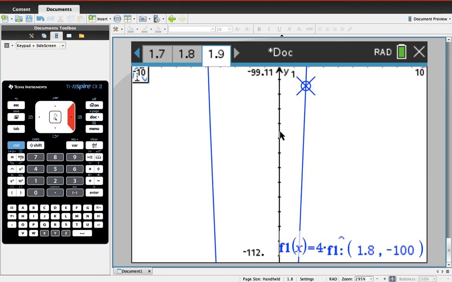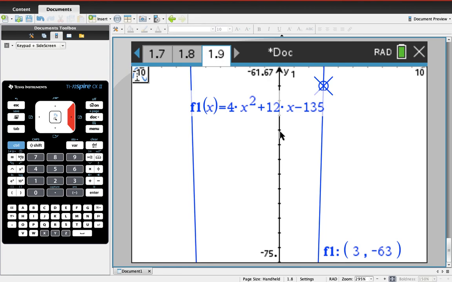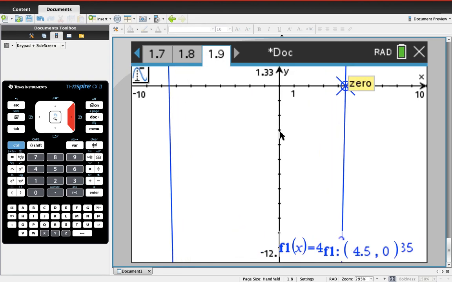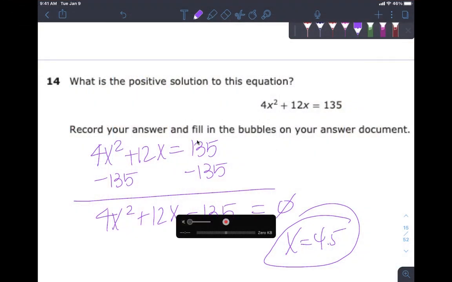We keep scrolling up until I get to that positive root. So let's see, we're almost there. All right, there we go. X equals 4.5. Now, of course, we could have gotten that with factoring, but we don't want to go through all of that, especially with a number as big as 135. But my correct answer is 4.5.